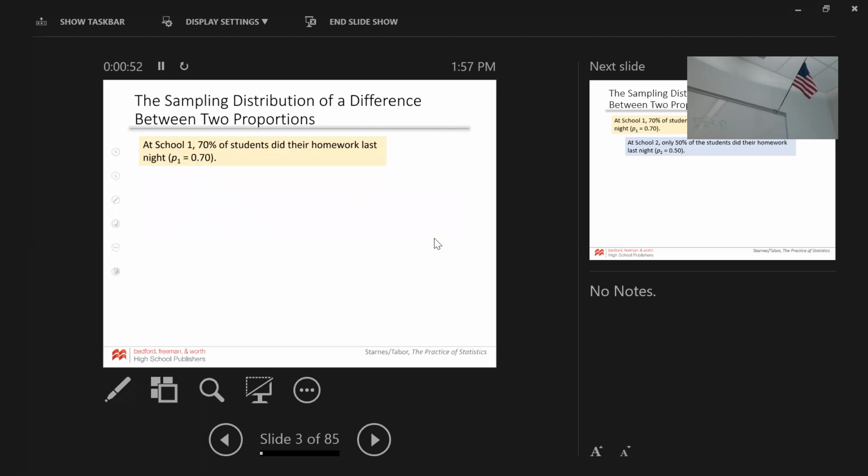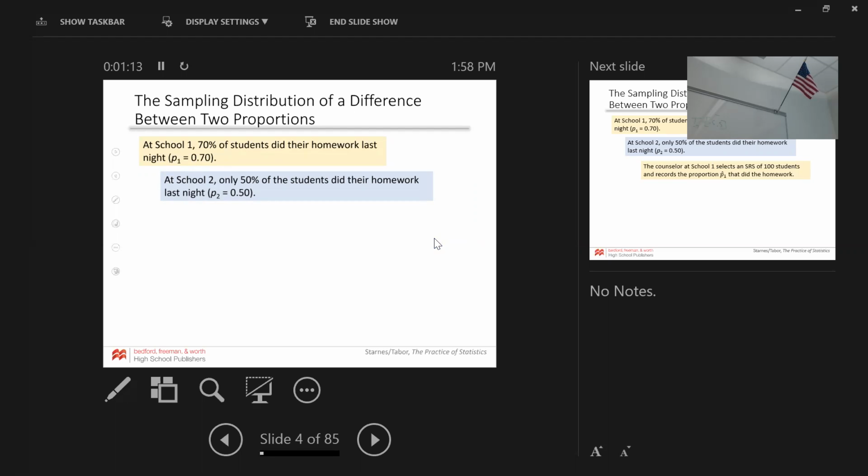So here's an example. You have school one, where 70% of the children did their homework. You have school two, where 50% of the children did their homework.